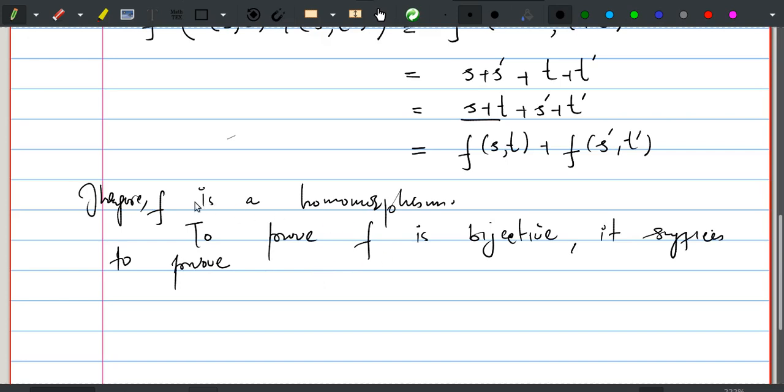So it is enough to show that f is invertible. That means we have to prove there is some other function g such that f composite g and g composite f are both identity functions, and so prove that f is invertible.